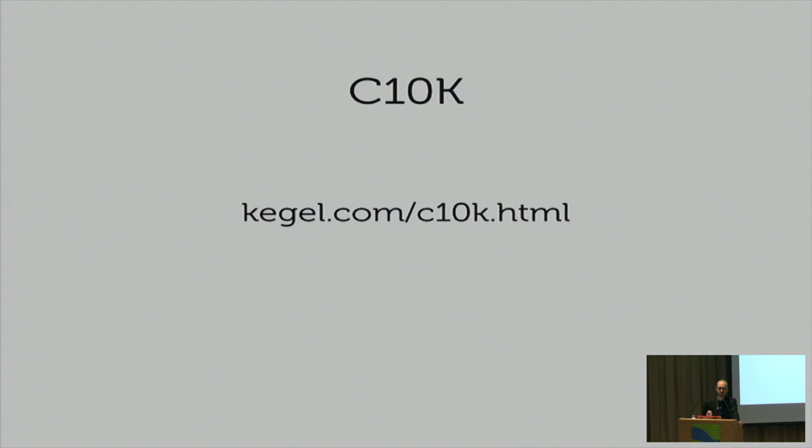Kegel coined this term for 10,000 concurrent clients. And he wrote that it's time for web servers to handle 10,000 clients simultaneously. Don't you think? After all, the web is a big place now.